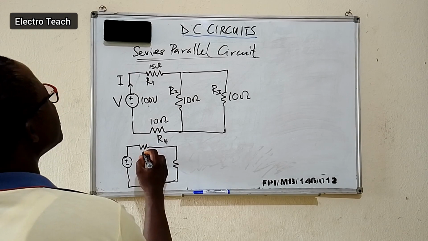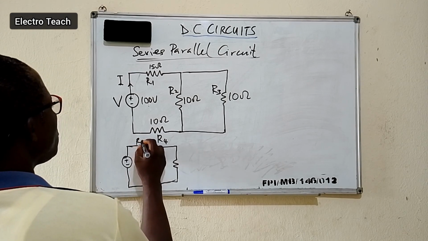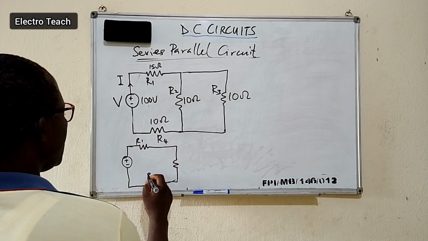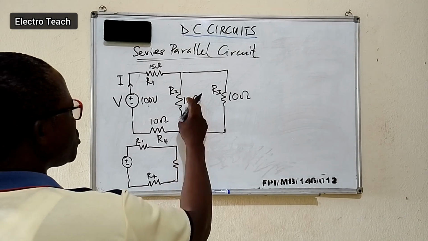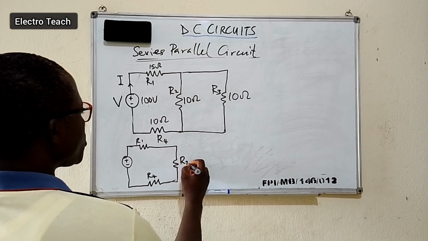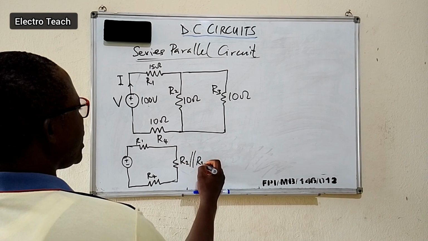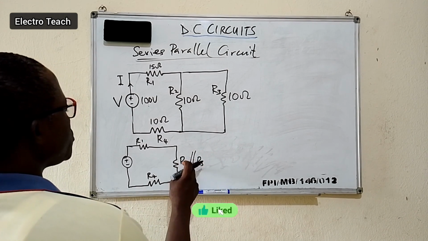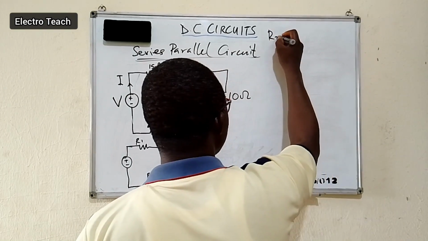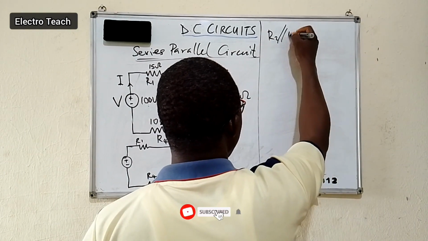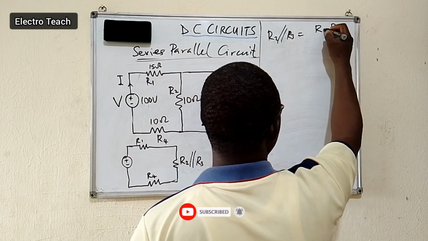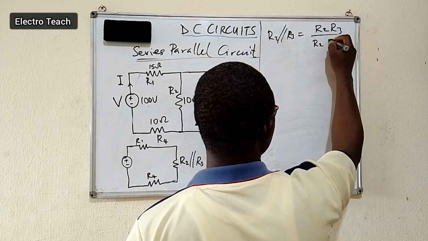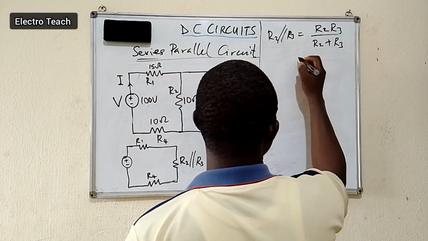What we have here is a resistor R1. This one will be R4. And here we have a combination of R2 and R3 in parallel. So we can write it this way: R2 parallel to R3. And that's what we are going to determine now. R2 parallel to R3 will be R2 times R3 divided by R2 plus R3.